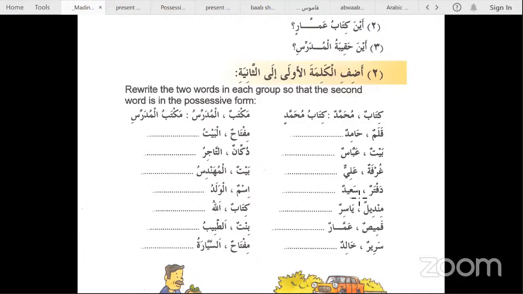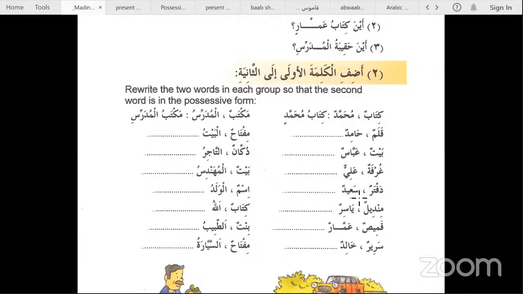Sister Samina. Okay. Daftarus Saidin. Ismul Waladi. Mindilu Yasirin. Kitabullahi. Excellent. Next student, and the next example.